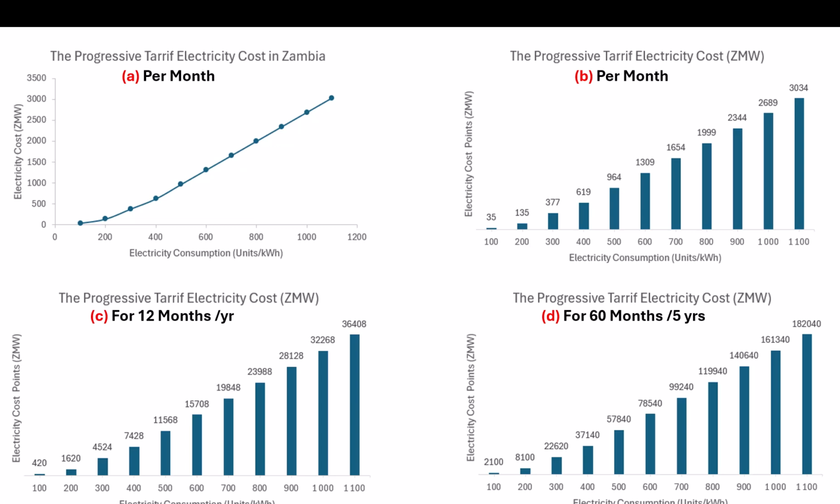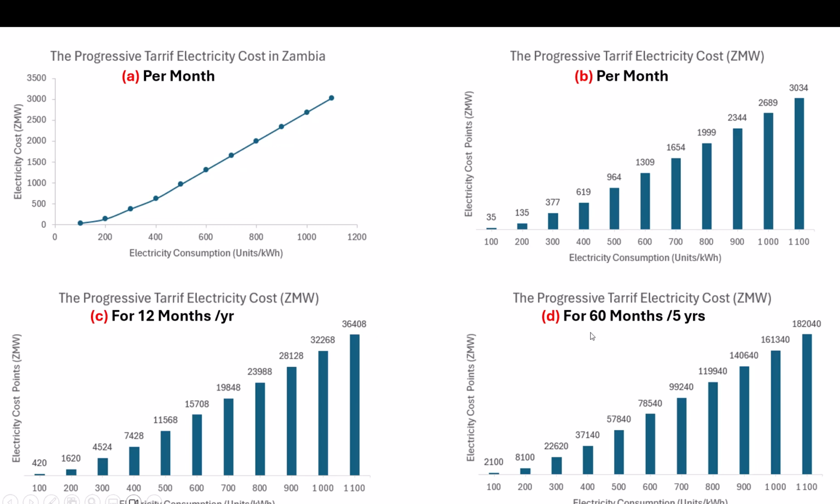So when we project this for 12 months, we see a similar case, we have a progression. So if you move from 100 units to about 1,100 units, your cost over 12 months would increase from 420 to actually 36,408.